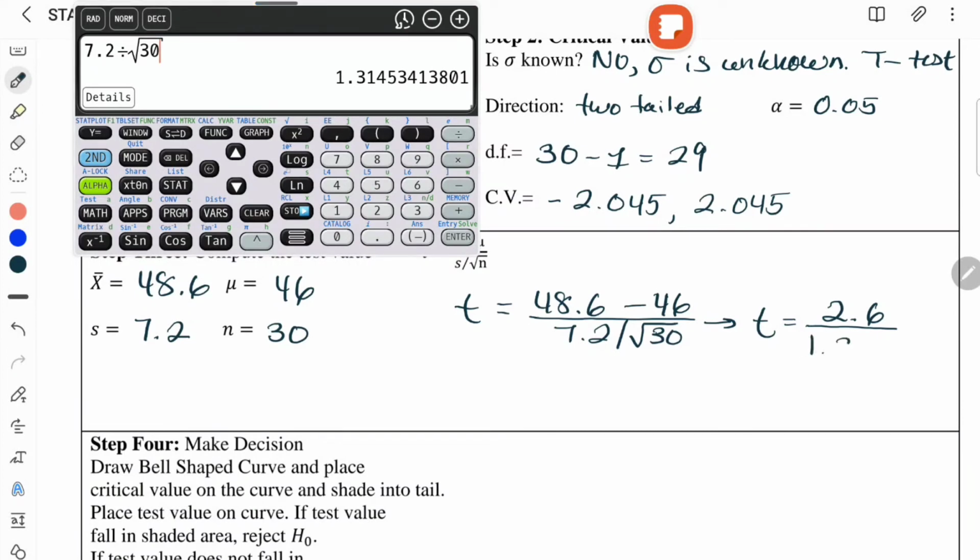That's 1.315. Let's divide 2.6 by 1.315 and take 3 numbers after the decimal. And that's approximately 1.977. That is our test value.